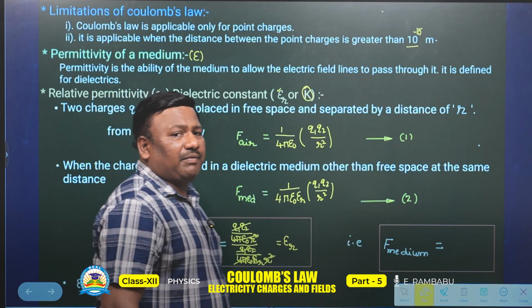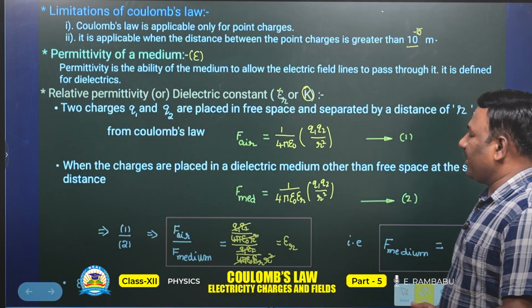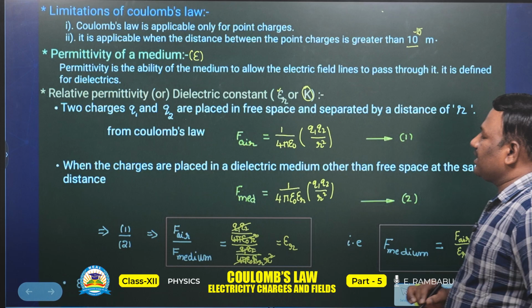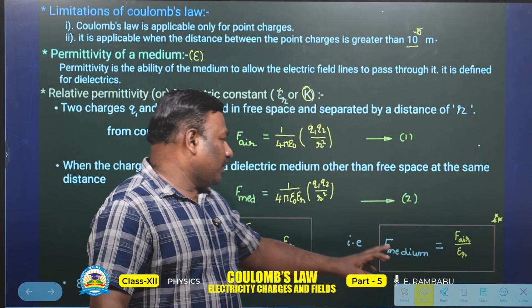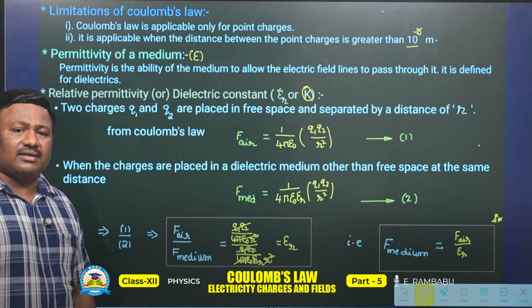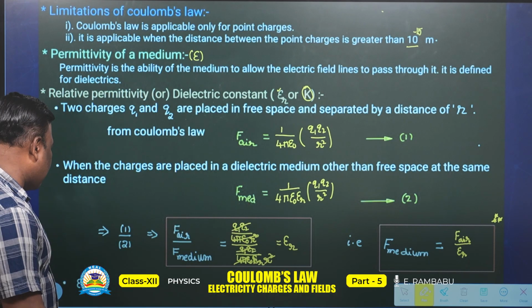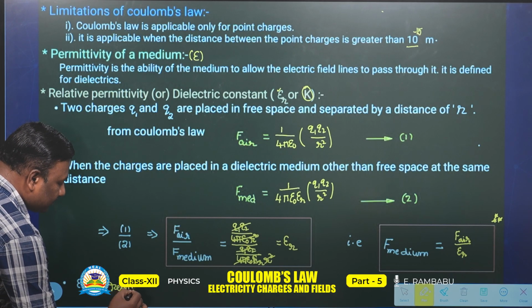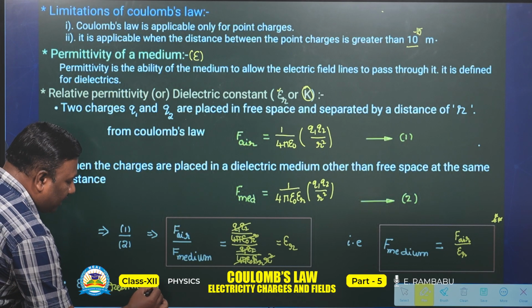The relative permittivity is the ratio of force in air to force in medium. So force in medium is equal to force in air divided by epsilon r. From this we understand that the force in the medium is always less than the force in air, where epsilon r is the relative permittivity of the medium.